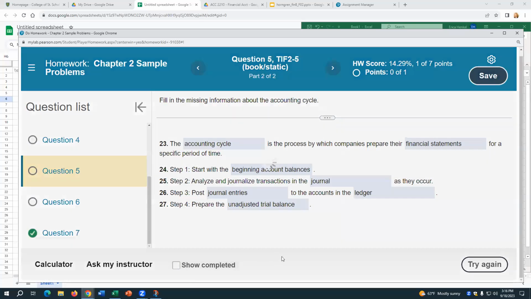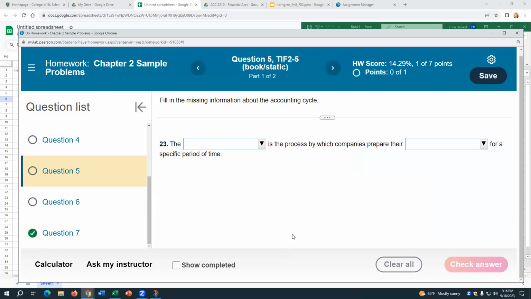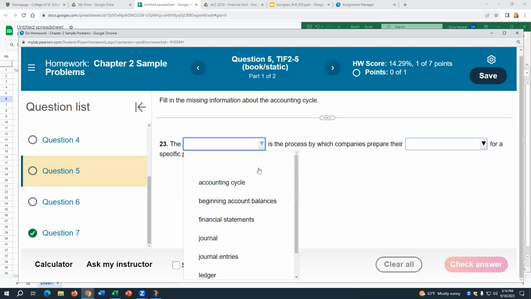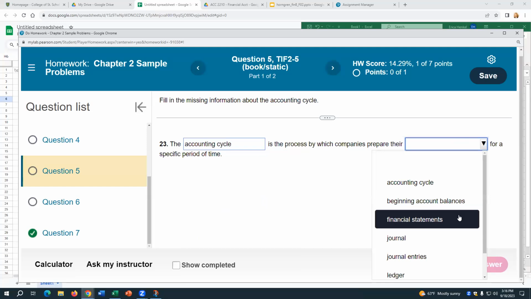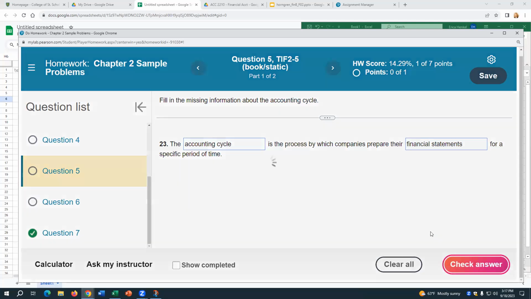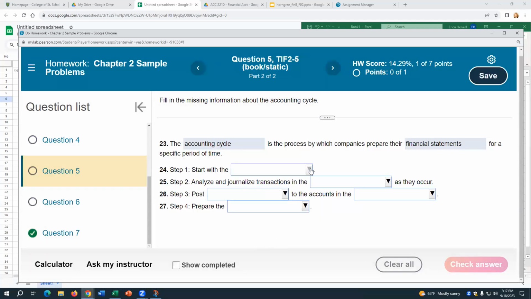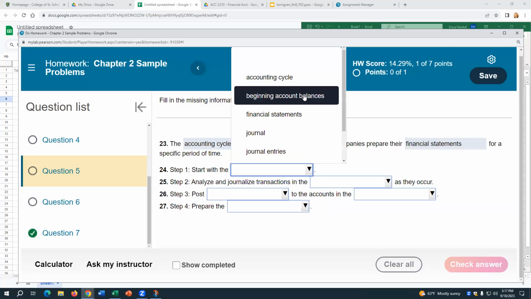Oops, I put the answers in there. All right, so the accounting cycle, which we talked about in the slides, and I didn't really describe this definition, but the accounting cycle is the process that we go through when we're preparing our financial statements for a period of time. Basically, we start with our beginning account balances.